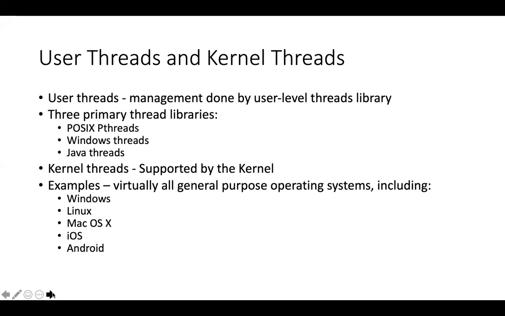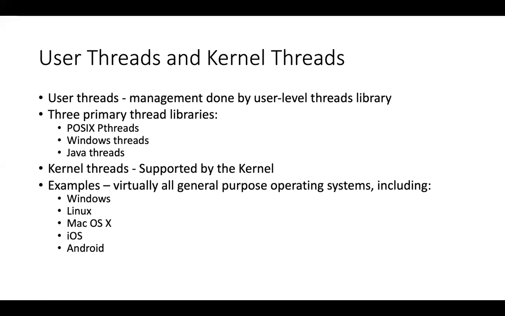So we have three primary thread libraries: the POSIX threads, or PThreads, because P stands for POSIX. POSIX is really about the Linux-based systems: Linux, Unix, and Mac OS. Then we have the Windows threads, and then the Java threads.